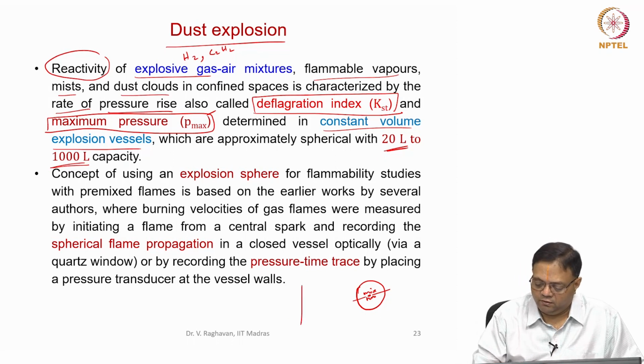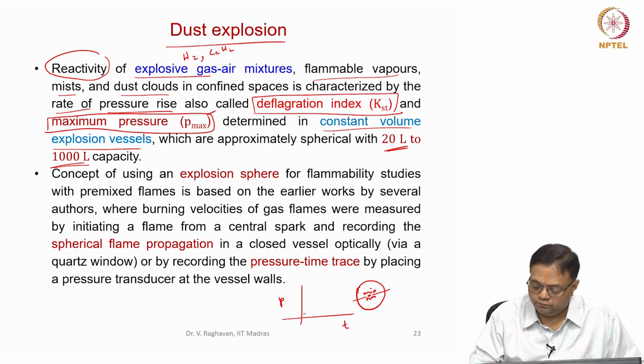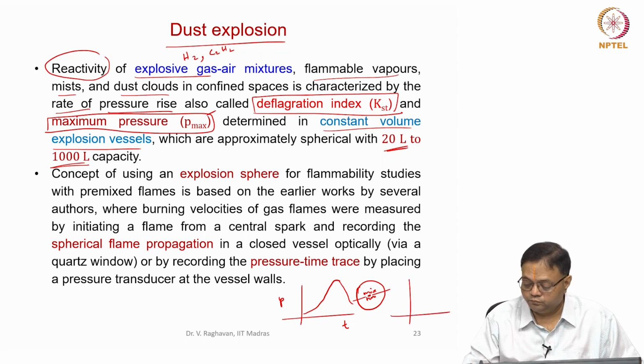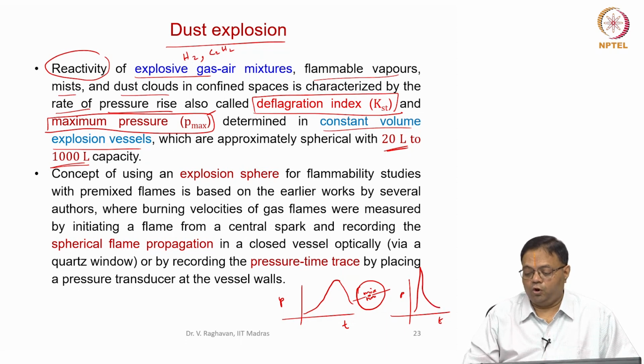The pressure can vary with temperature or time, like this, and get down after the vent is open, or it may happen like this. So, how fast the pressure rises to the maximum value will indicate the reactivity.